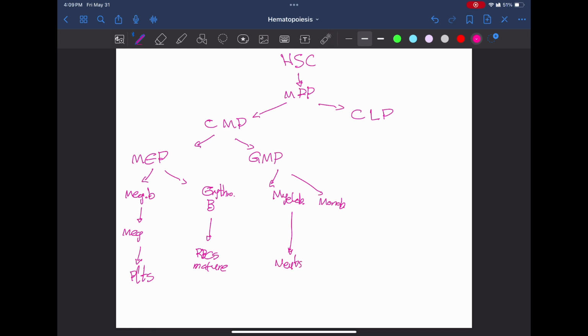But they can also differentiate into eosinophils as well as basophils. Monoblasts can differentiate into promonocytes and other forms and eventually give rise to monocytes. And monocytes can give rise to macrophages.